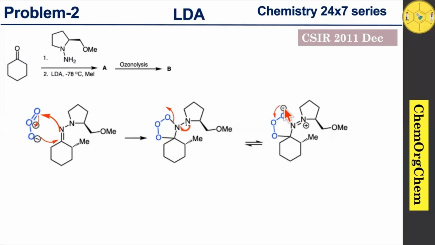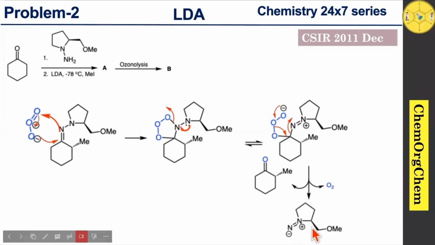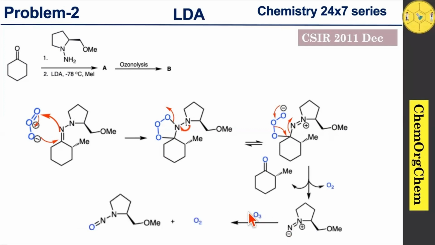Now you see these electrons come here, followed by this electron shifting here, then this carbon-nitrogen bond cleaves to yield oxygen gas as well as a ketone product, and this intermediate also. Now this intermediate once again reacts with ozone, yielding oxygen as well as nitrosoamine as a byproduct. This product we can quickly convert into the corresponding SAMP by treatment with zinc and acetic acid.